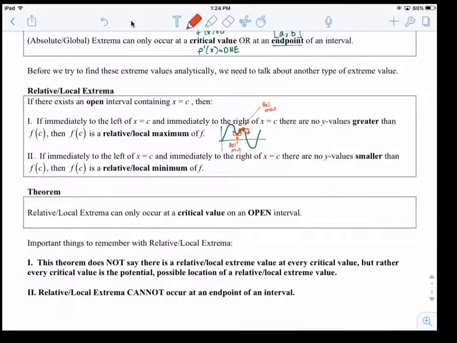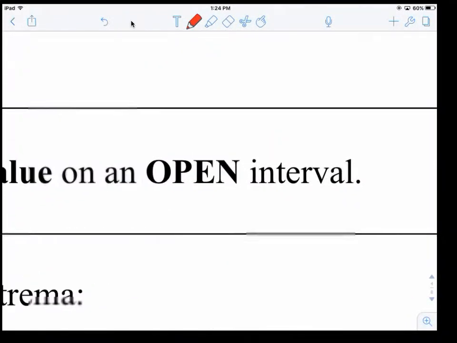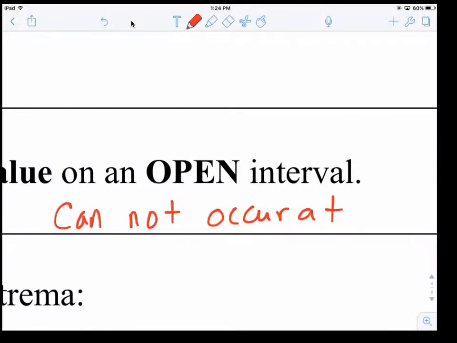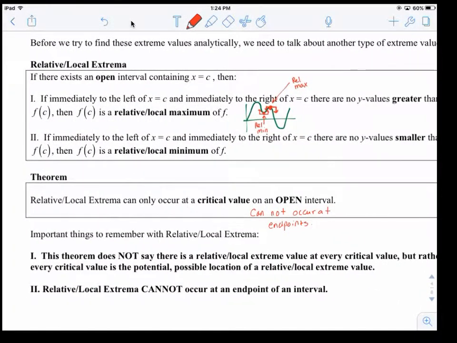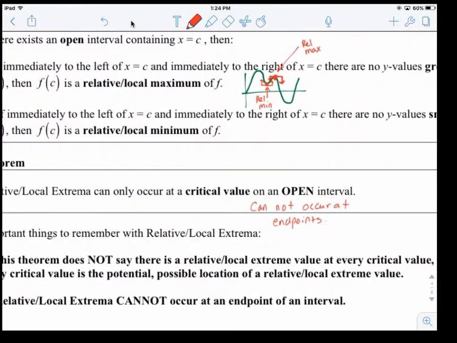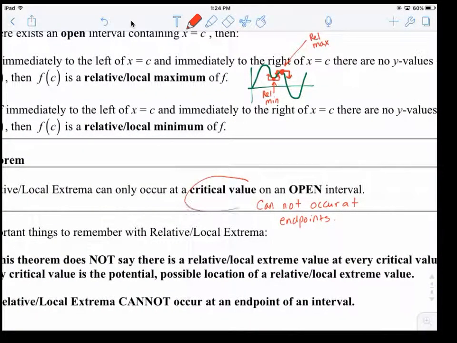And again, relative or local extrema can only occur at critical values on an open interval, so they cannot occur at endpoints. Critical values, again, that's when your derivative is 0 or does not exist.